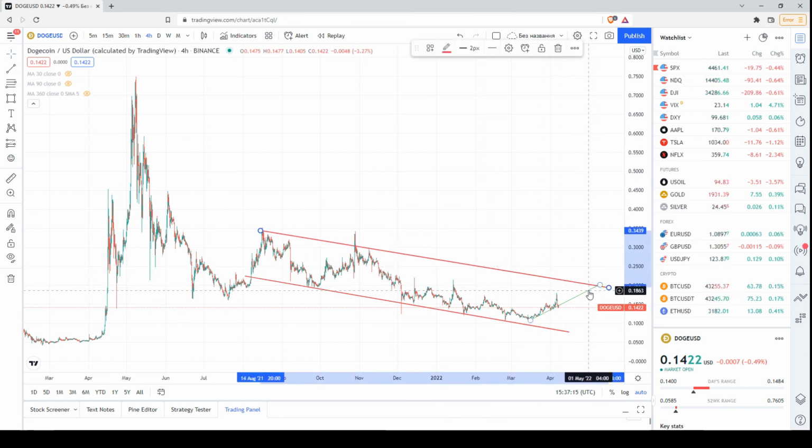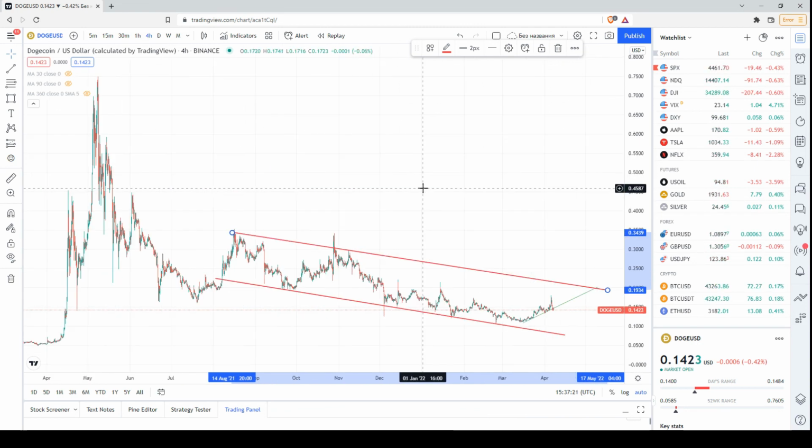So it's approximately 19 or 20 cents if this rebound continues. But once again, it's obvious that it is a descending channel, it is a downtrend. That's why I prefer to stay away from the market, and I won't enter the market unless I see some reliable bullish formation in the major time frames.